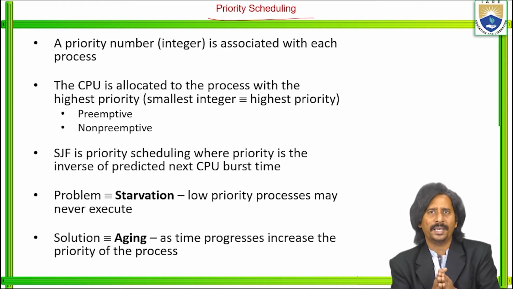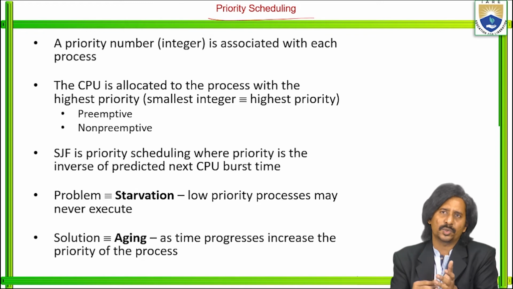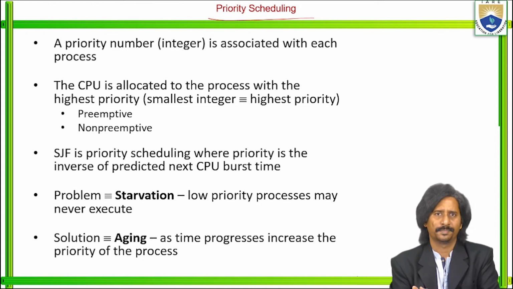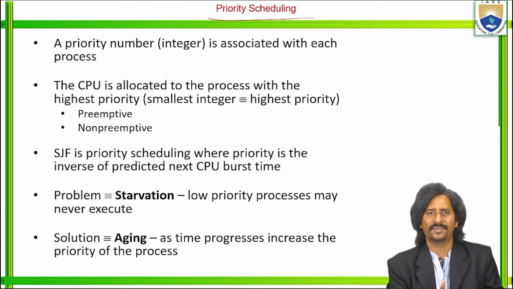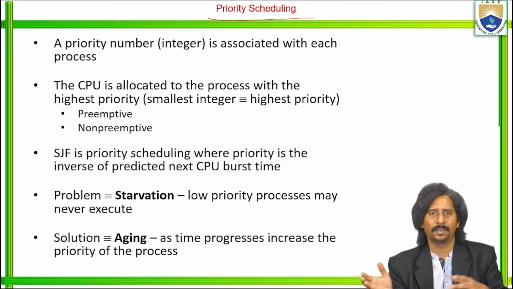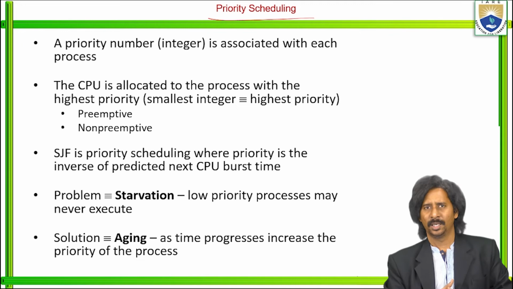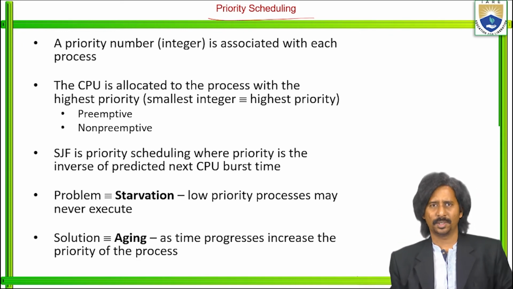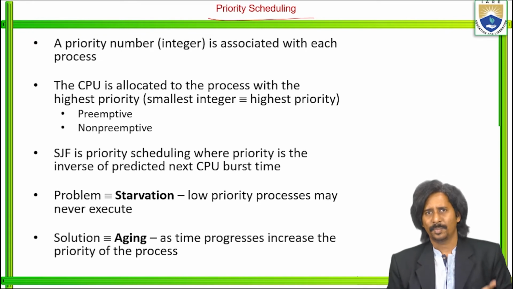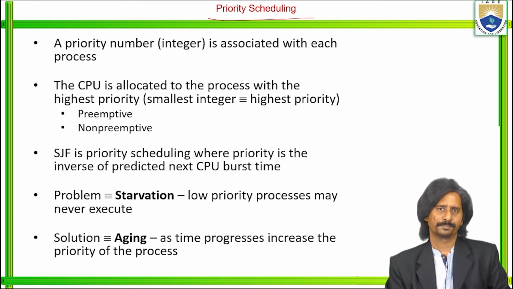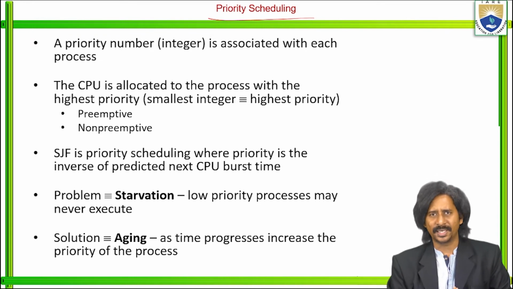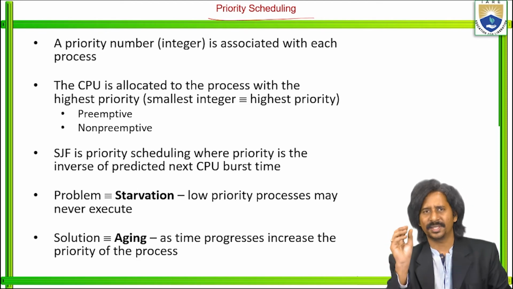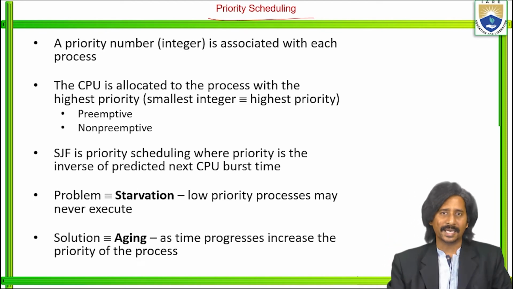So a priority is an integer that is associated with each and every process, right? In case of FCFS, we just need to mention P1, P2, P3 and burst times: P1 24, P2 3 and P3 3 milliseconds. Whereas in case of SJF, shortest job first, we need to mention the arrival times.